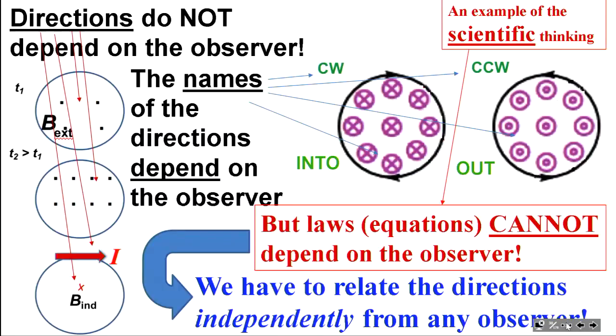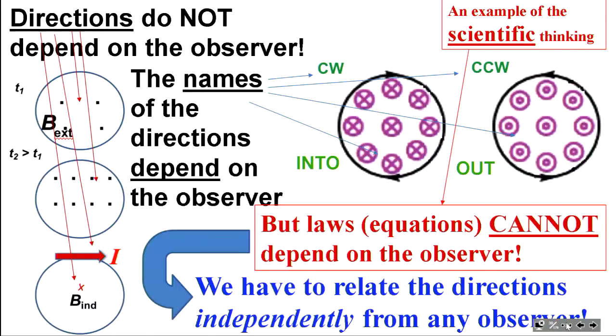Now, every time we use these words left, right, up, down, clockwise, counterclockwise, we assume a certain observer is looking at the system. But the laws of nature cannot depend on, well, first of all, they just can't depend on the absence or presence of intelligent species at all. We just write those laws for us, but they should exist independently.